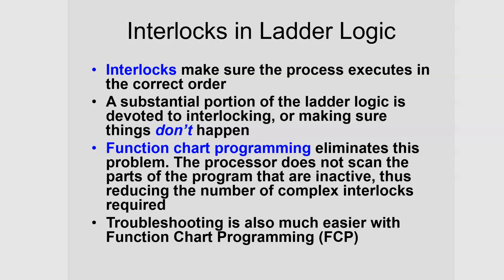So one way is to use an actual lock and padlock, maybe a key lock. Other ways are to use a password, maybe some kind of keypad password. There's a lot of ways to do that, but in general, interlocks make sure the process executes in the correct order and make sure something doesn't happen.